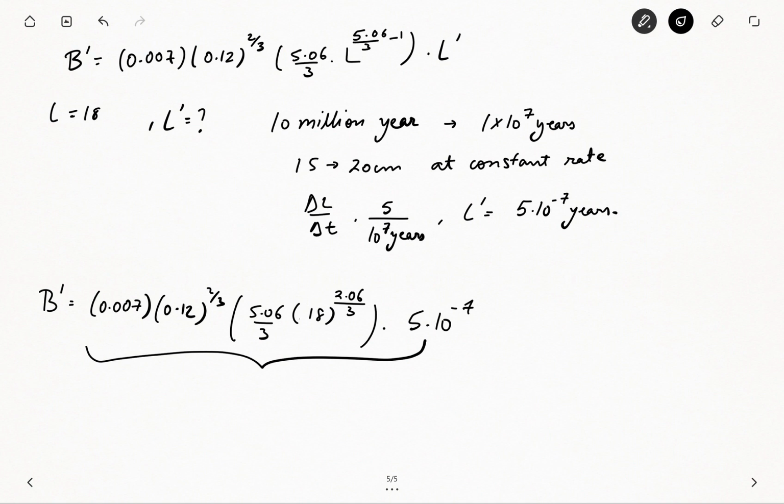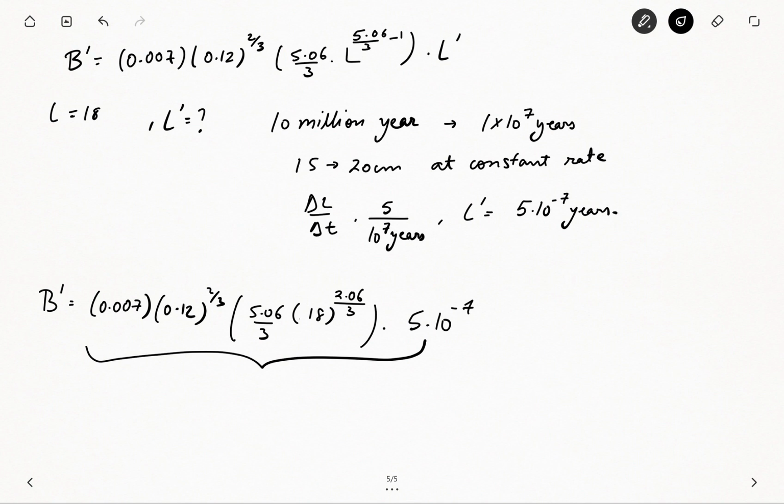So we have 0.007 times 0.12 to the power 2 divided by 3, times 5.06 divided by 3, and then on the right side, times 18 to the power of 2.06 divided by 3, and all of that times 5 to finish the calculation.